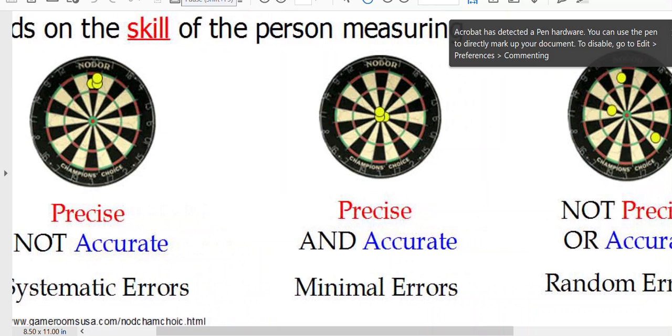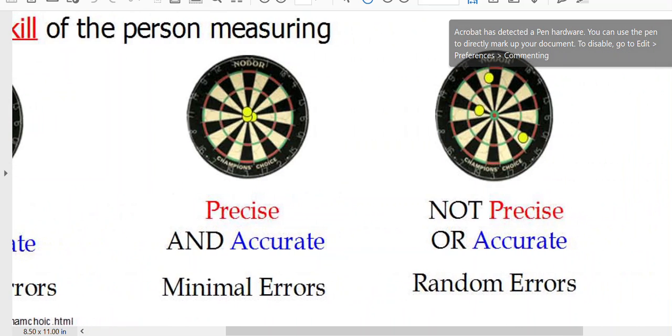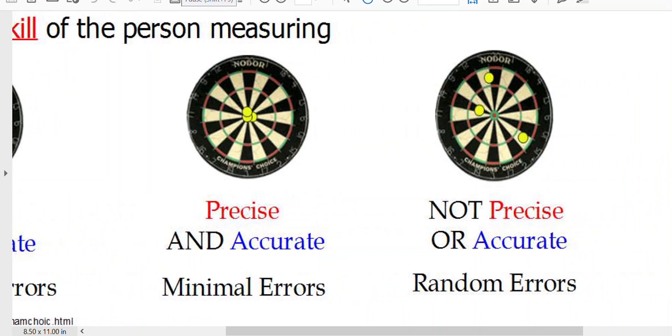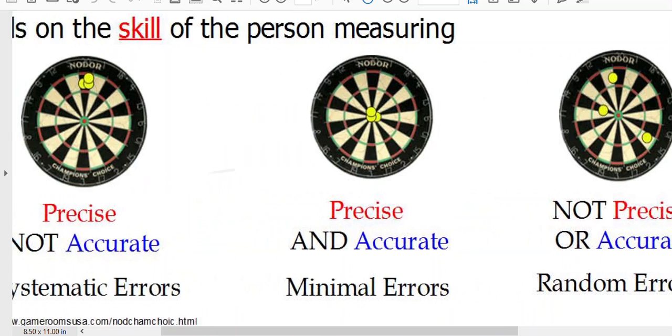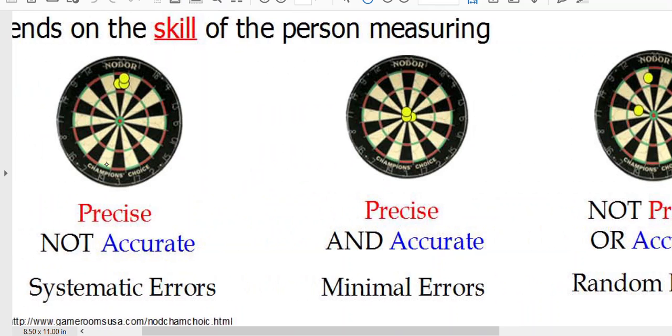We want to be hitting the target, and it's reproducible, so the points are all very close together. The worst combination would be not precise and not accurate, where the points are all over the place. We have ways that we can determine this, which we'll talk about a bit more later. So something just to keep in mind.